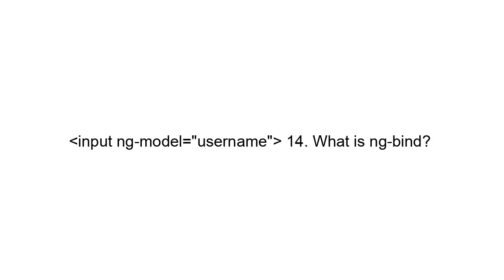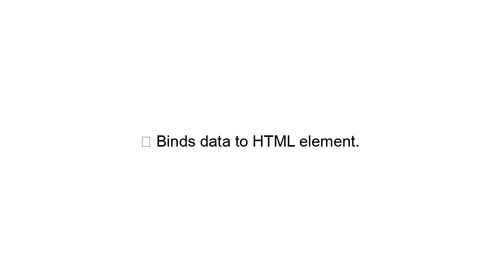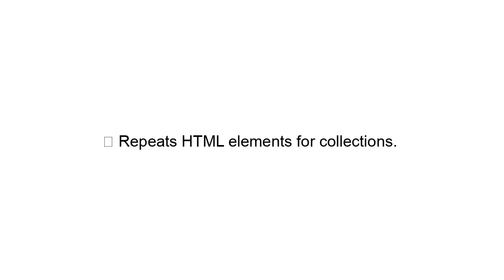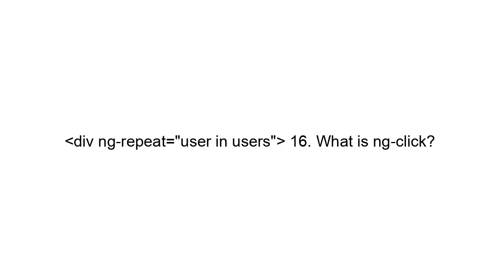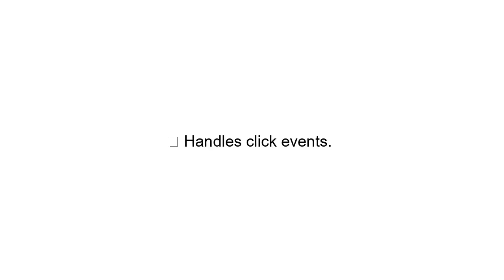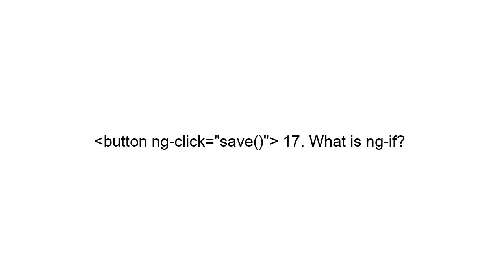Example: input ng-model='username'. 14. What is ng-bind? Binds data to HTML element. 15. What is ng-repeat? Repeats HTML elements for collections. Example: div ng-repeat='user in users'. 16. What is ng-click? Handles click events. Example: button ng-click='save()'.